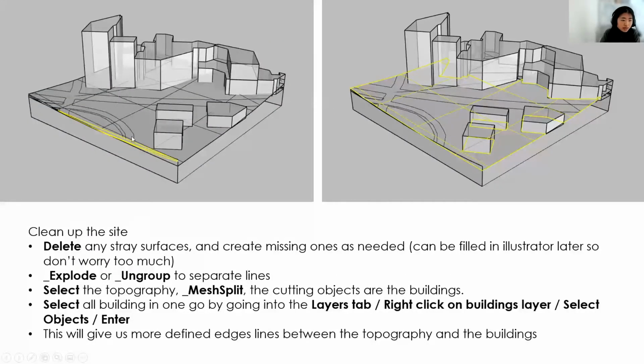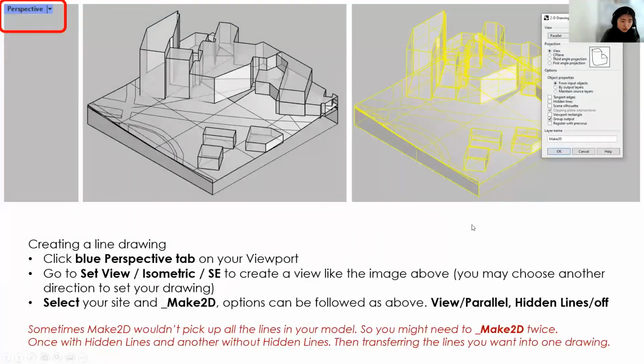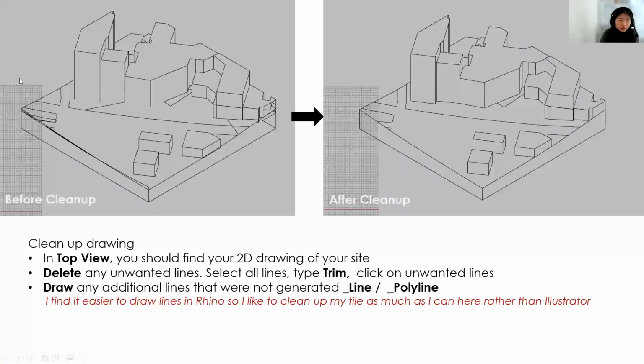Delete any excess surfaces. And we're going to make holes in the topography, so we get really nice, clean building edges. And we're going to do a Make2D in isometric view. And then after some cleanup, we're going to get a nice line drawing.